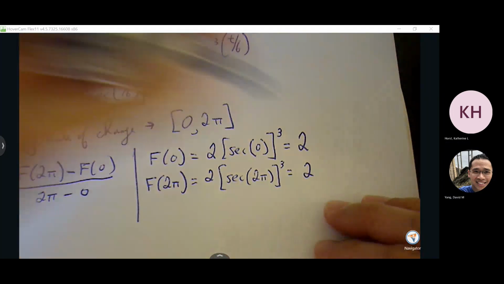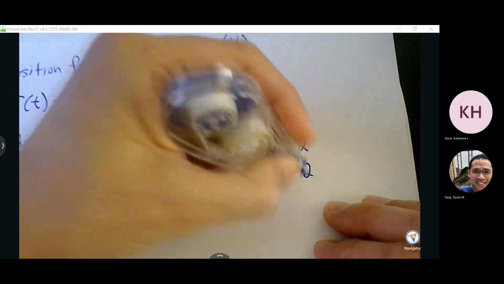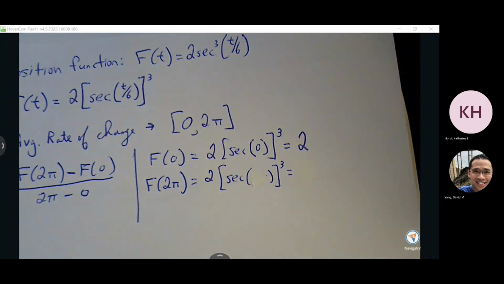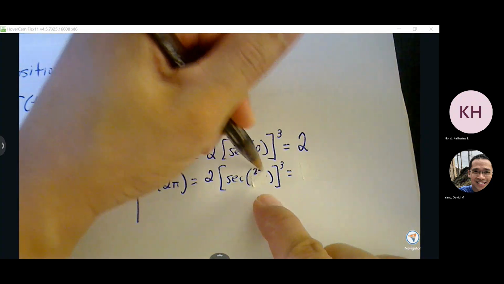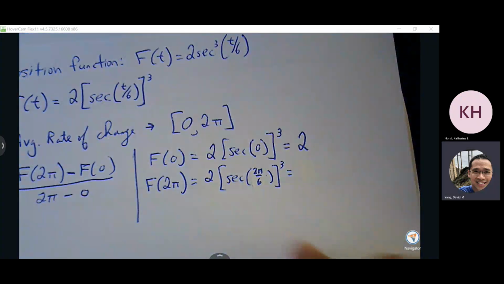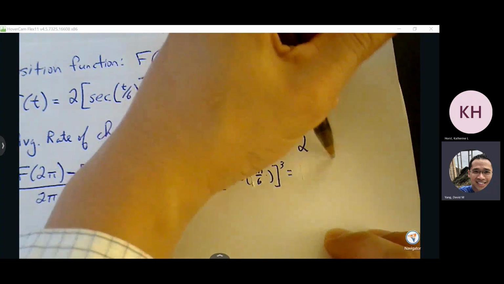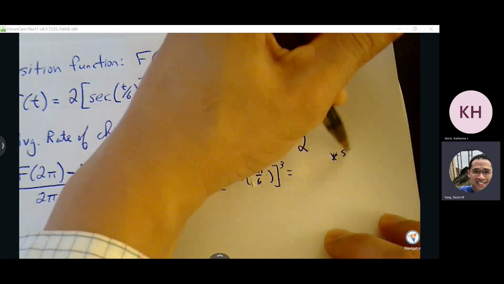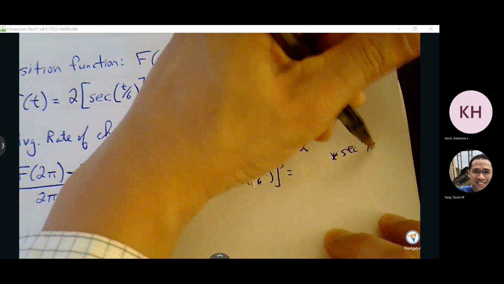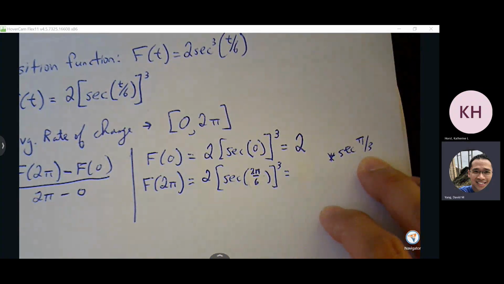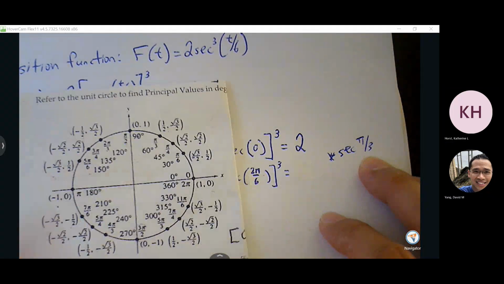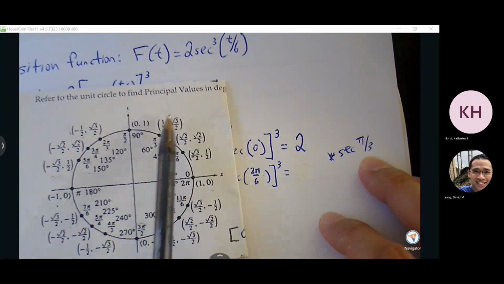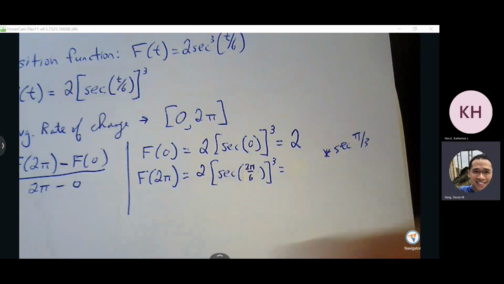Yeah, so 2 pi over 6, plugged back into the original function, gives pi over 3, and secant of pi over 3. We may not be as familiar, but we know cosine of pi over 3. Cosine of pi over 3 is one half, so if I flip it, it becomes 2.